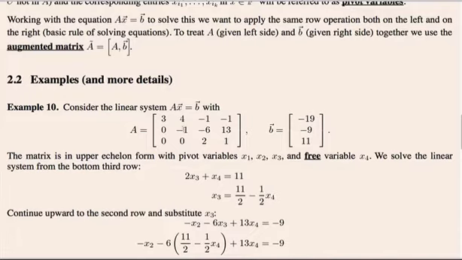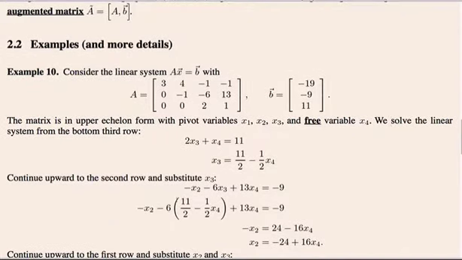So the second row would be -x2 - 6x3 + 13x4 = -9. But as I said, we replace x3 with what we already have for x3. And then we multiply this out and we solve for x2, the other pivot variable.